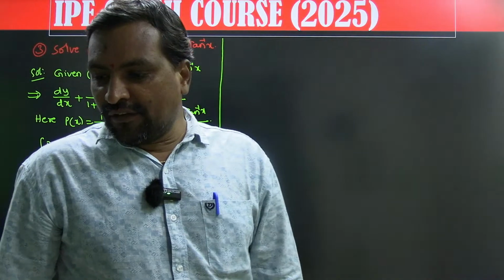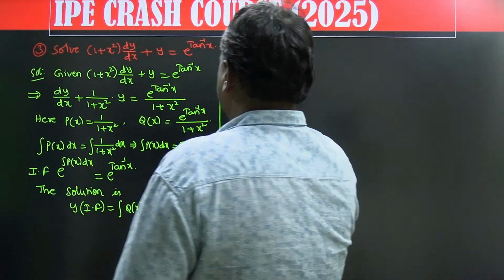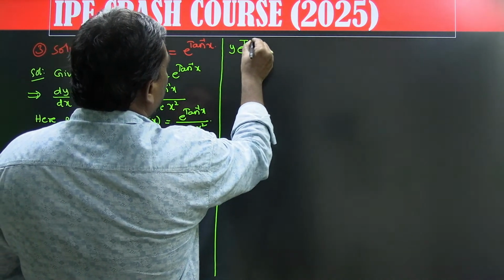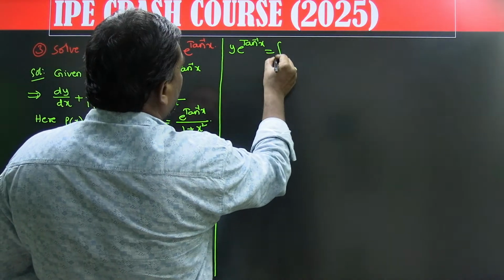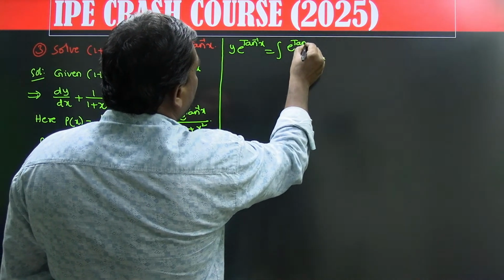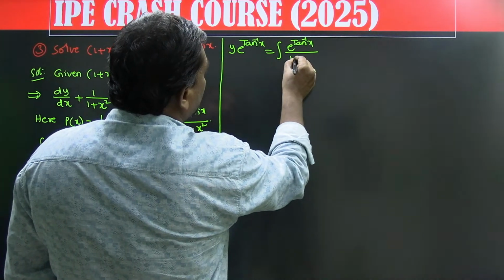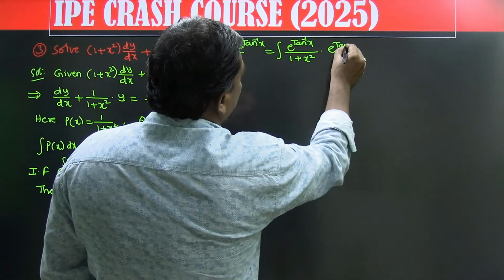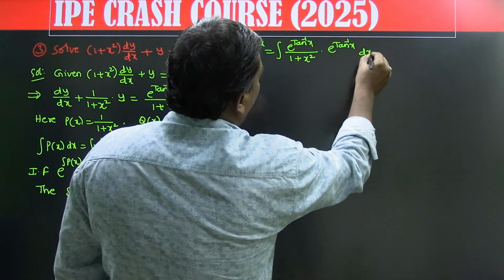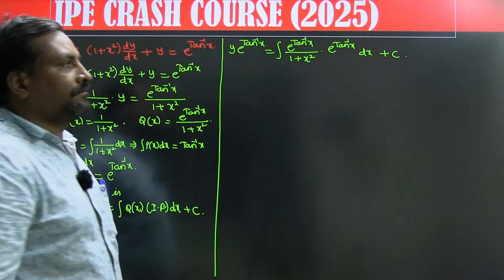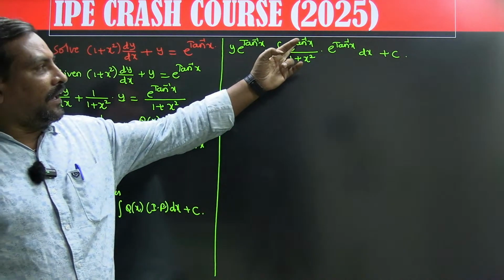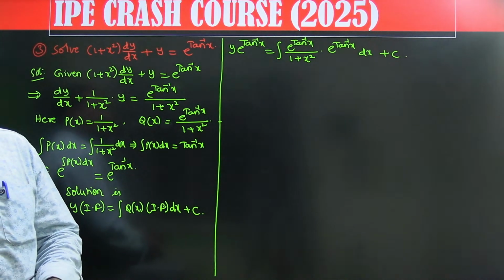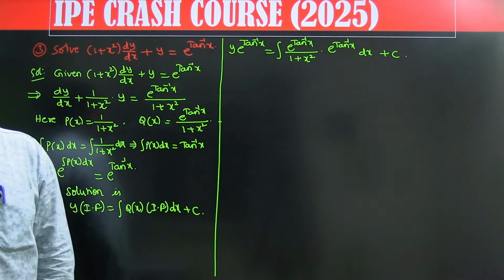So, substituting the values, y into e power tan inverse x is equals to integral e power tan inverse x by 1 plus x square into e power tan inverse x dx plus constant c. e power x into e power x is e power 2x.